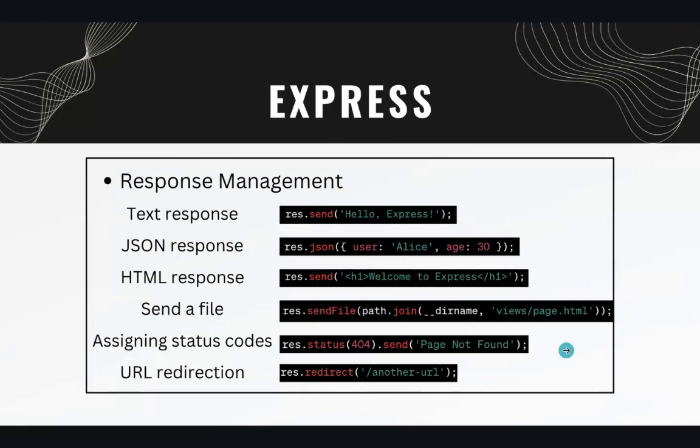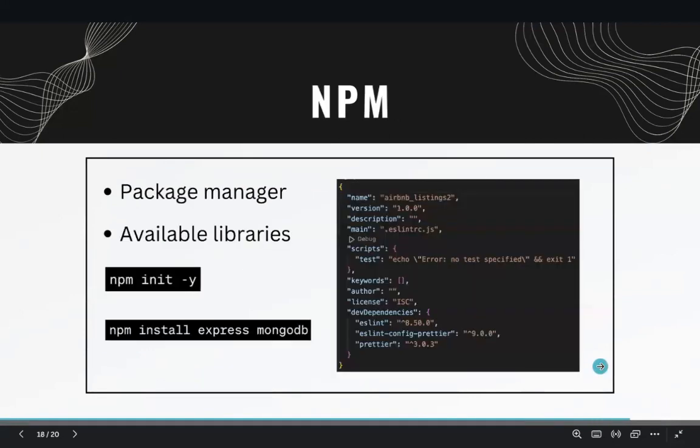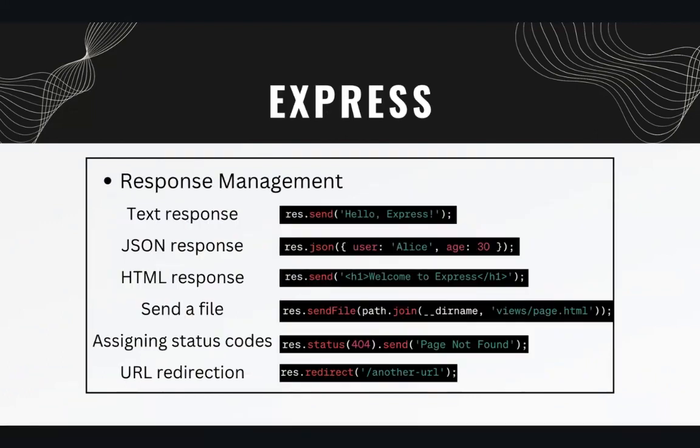You can also set specific HTTP status codes using Express with the status method, waiting for a matching status, and the send method handling error messages. Additionally, Express also facilitates redirections with the redirect method. In essence, Express provides a comprehensive framework for defining routes, utilizing middleware and managing responses.